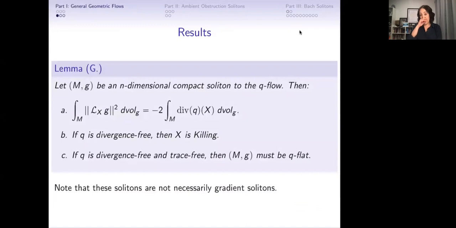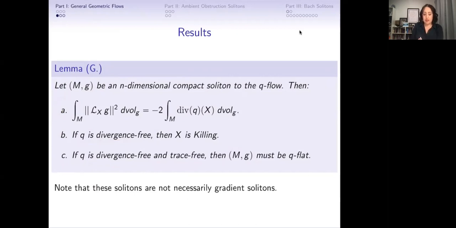So we have this idea of a Q soliton. Let's look at one result for how this might play out. So I'm going to let (M, g) be an n-dimensional compact soliton to the Q flow. So I'm already assuming that my manifold is a soliton. Then these three things follow. We'll see that B follows from A and C follows from B, with some additional assumptions about our tensor Q. But let's look at A for a minute here.